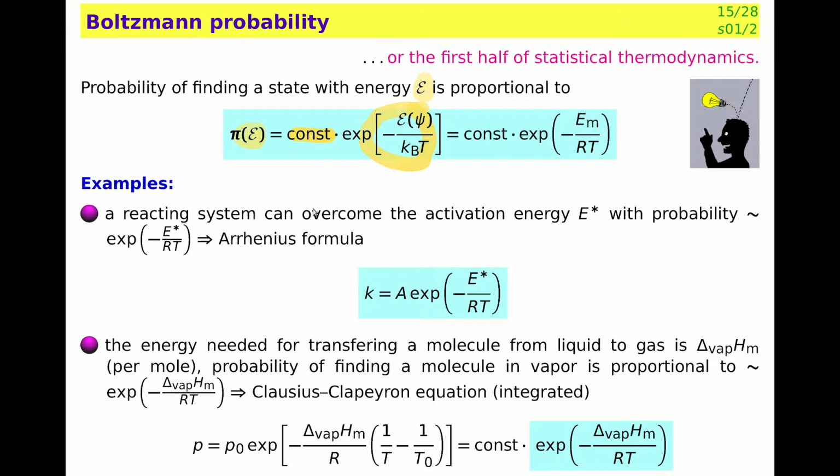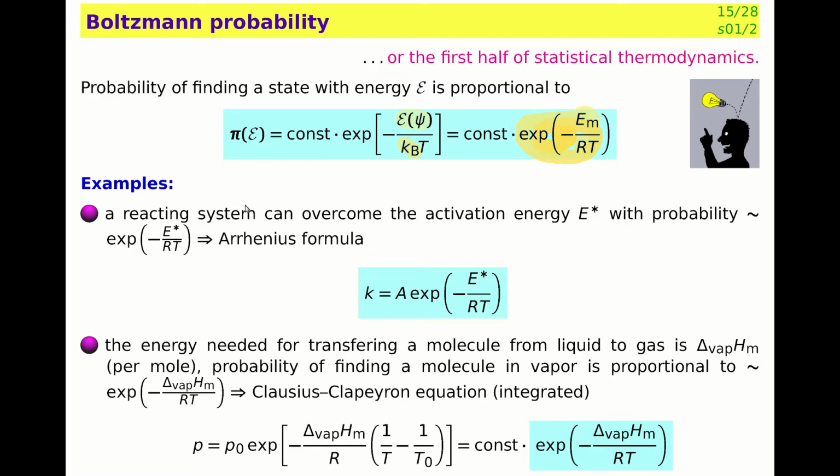But in physical chemistry, it is often useful or common to express energetic quantities as molar quantities. So we can put here a certain molar quantity, and then instead of the Boltzmann constant, we'll get the universal gas constant here. And I'm sure that in physical chemistry you have seen terms like this.